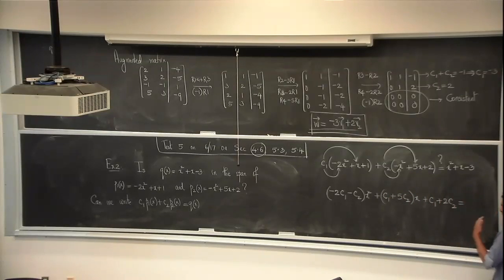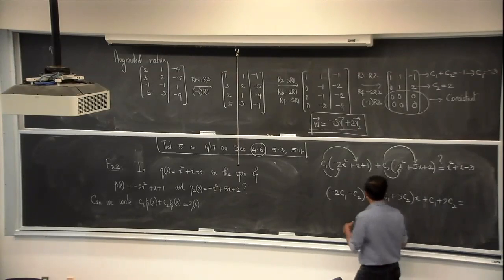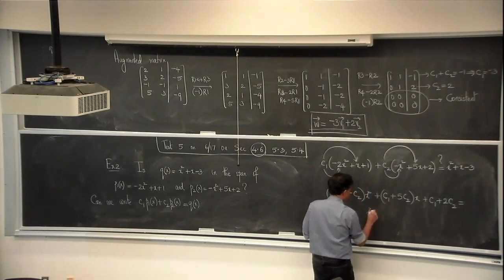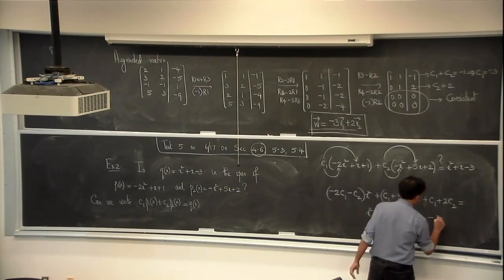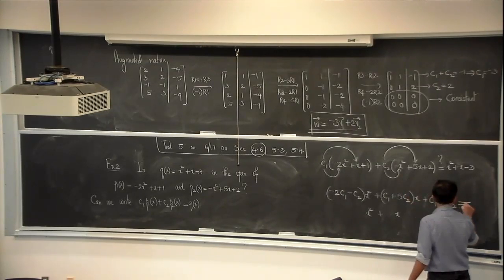We have done this multiple times. You're setting two things equal, so the corresponding coefficients must be the same. So it's equal to x squared plus x minus 3. Again, we don't know if this is true.